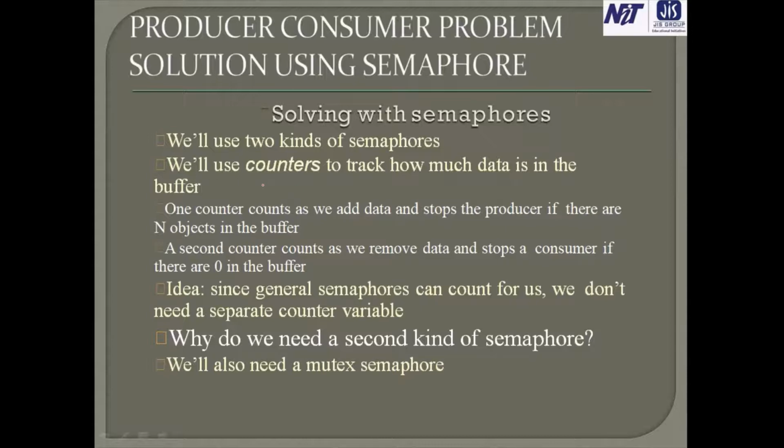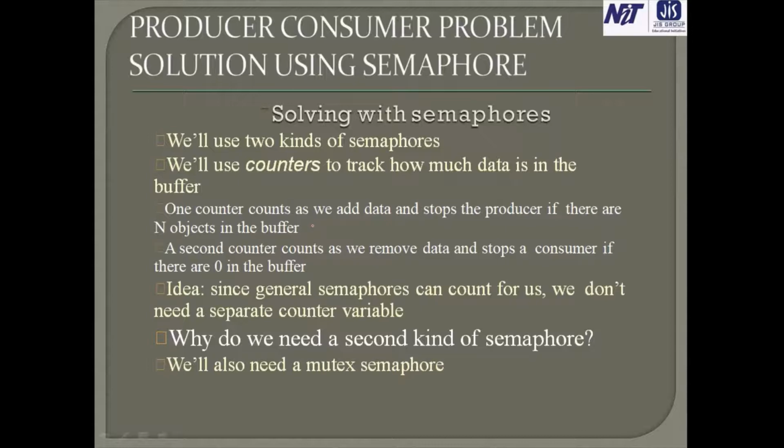First we talk about the counter, to track how much data is in the buffer. One counter counts as we add data, and the counter variable tracks how much data is added. It will stop the producer if the n items are full.